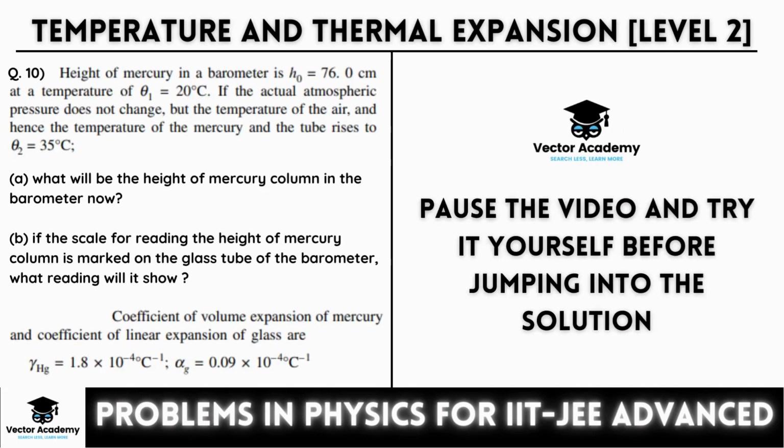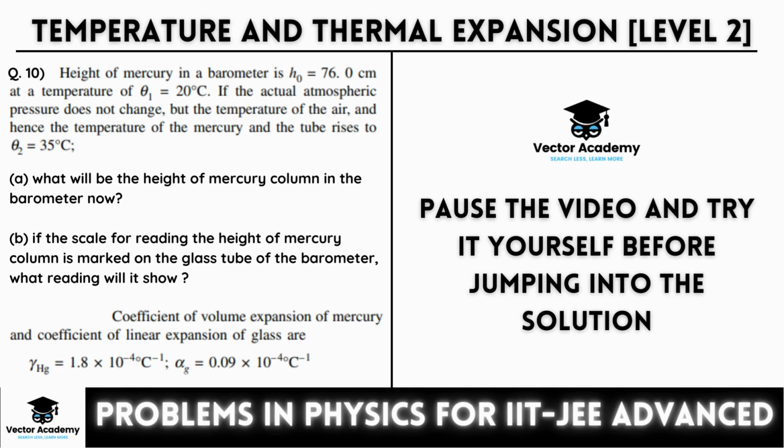Question 10. Height of mercury in a barometer is H0 equals 76.0 cm at a temperature of θ1 equals 20 degrees Celsius. If the actual atmospheric pressure does not change, but the temperature of the air, and hence the temperature of the mercury and the tube, rises to θ2 equals 35 degrees Celsius.